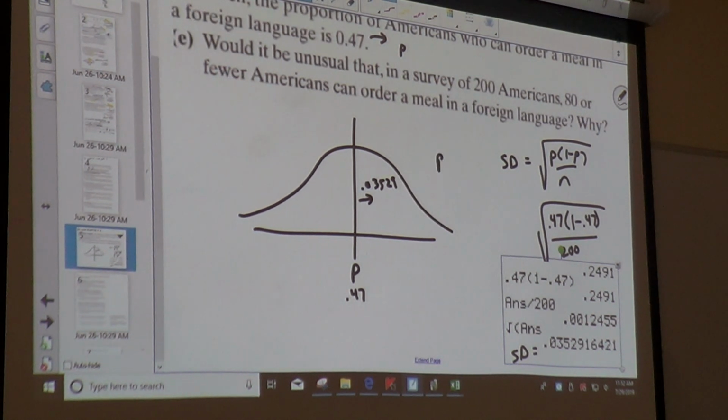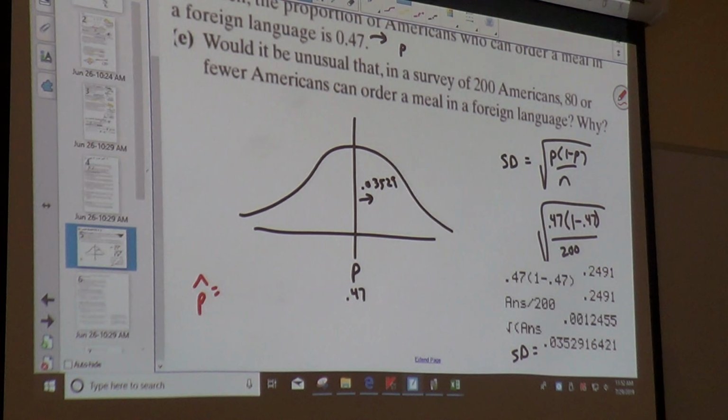How am I going to get my p-hat? What is my formula for p-hat? X over n. We've already determined what is our n. 200. So how many people out of 200 said in the survey blah, blah, blah? 80.